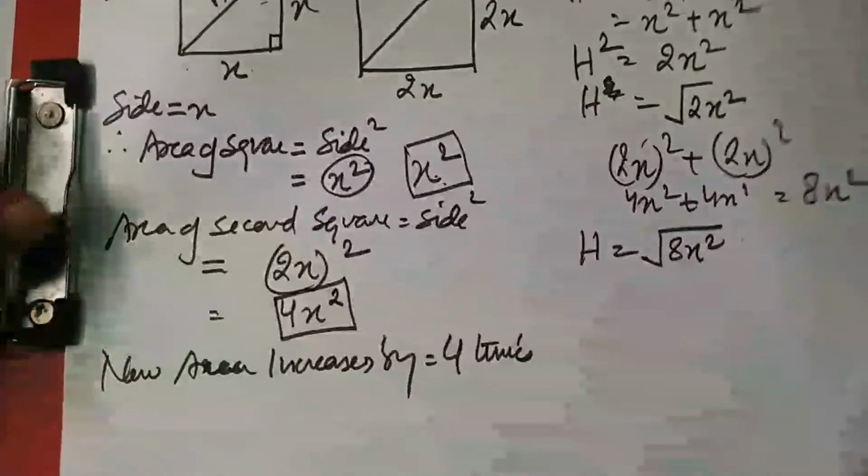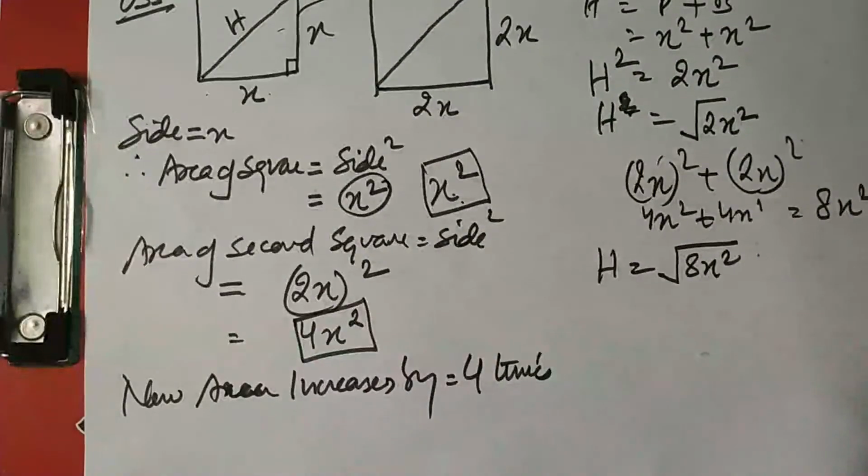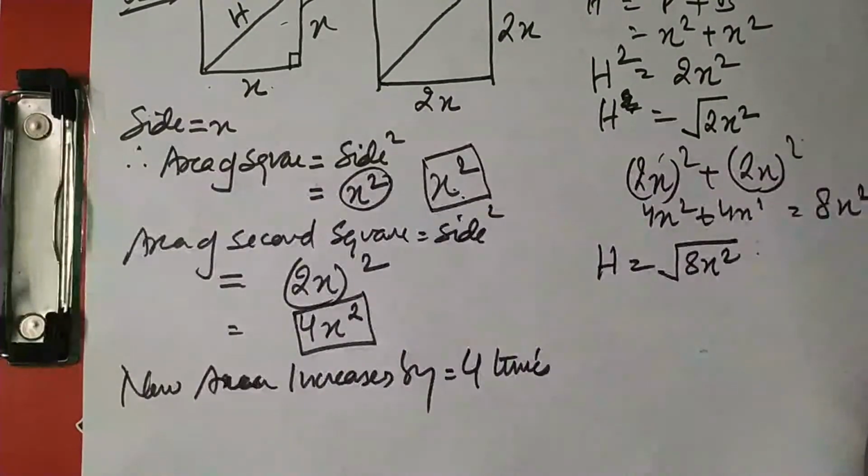So how many times will you apply the theorem? Now how will you do it? So suppose there is a square whose side is given. That is the question.